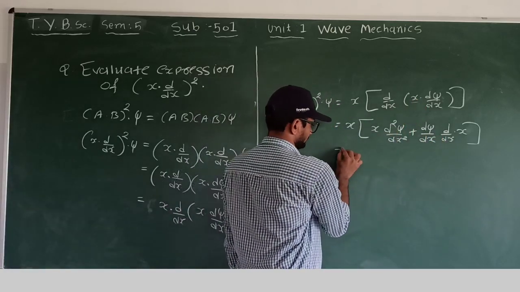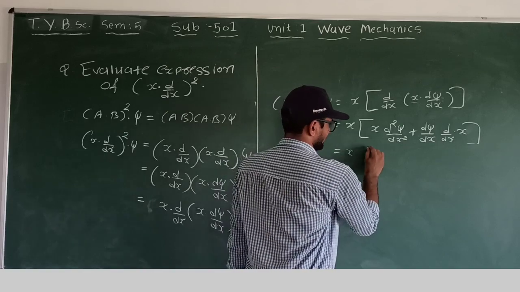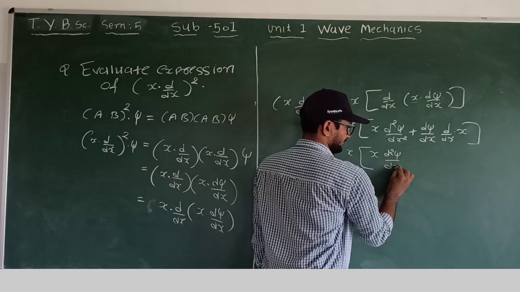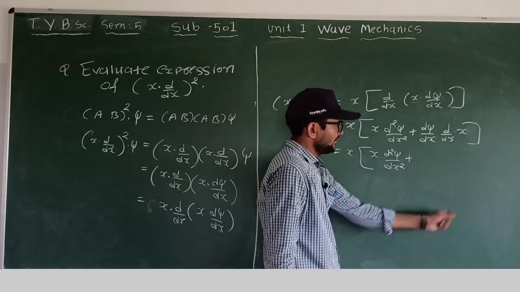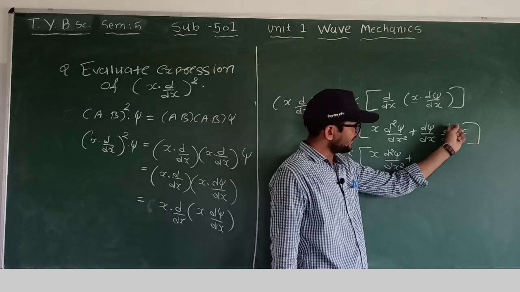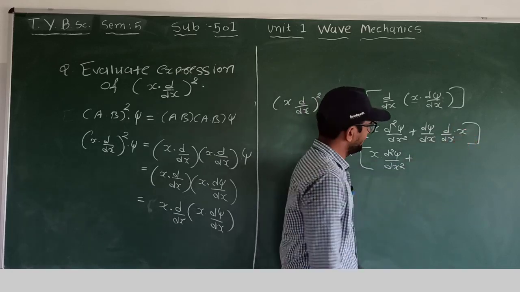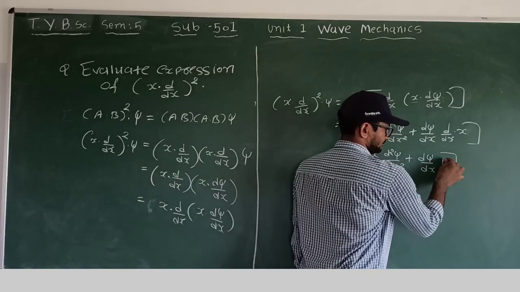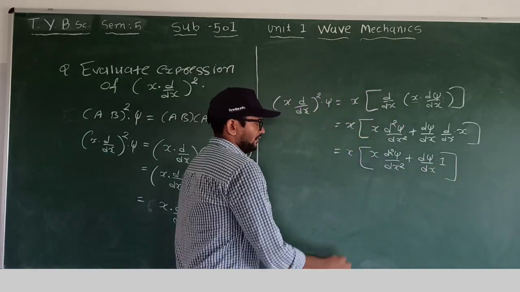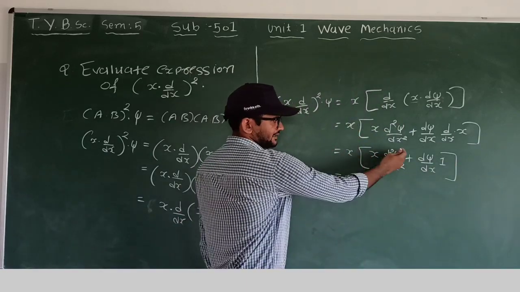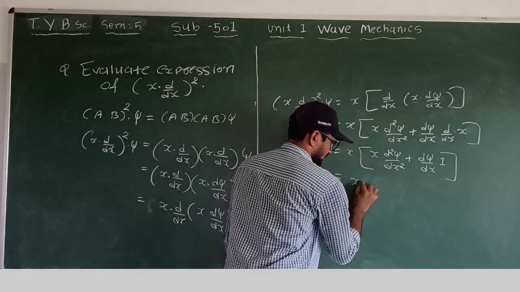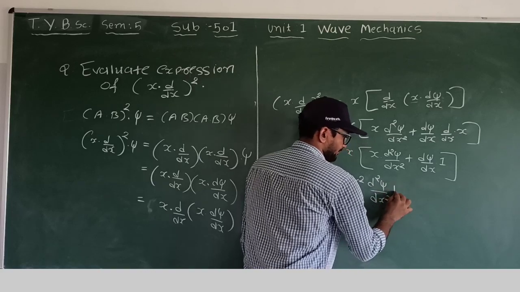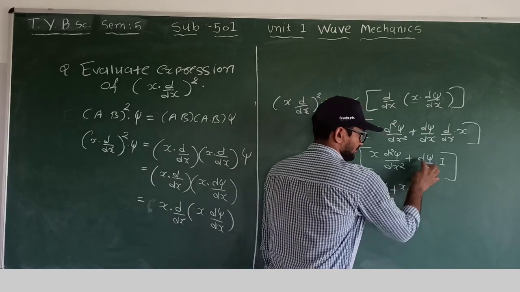Okay, so now x into bracket x d squared psi/dx squared plus now d/dx of x, what is the value of d/dx of x? It is equal to 1, it means dpsi/dx into 1. Okay, so now we multiply x in this bracket, it means x into x, x squared d squared psi/dx squared plus x dpsi/dx.